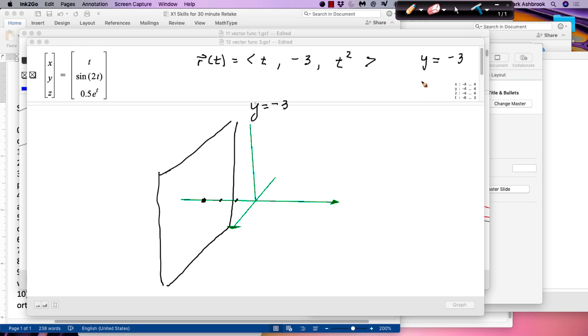Yeah. So if x equals t, then this is z, and it equals x squared. Okay, what does that look like? So now that's going to help us, right? We know we're lying totally in y equals -3. What will z equals x squared look like? Parabola. Vertex at? When x is 0, z is 0, and we know we're in y equals -3, so the vertex is there. Which way does it open? Upward.